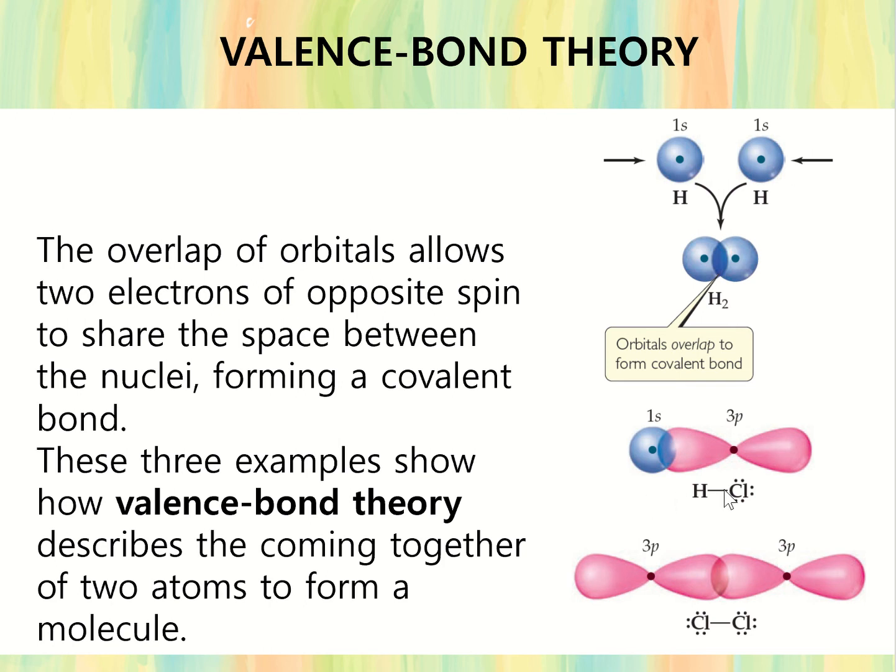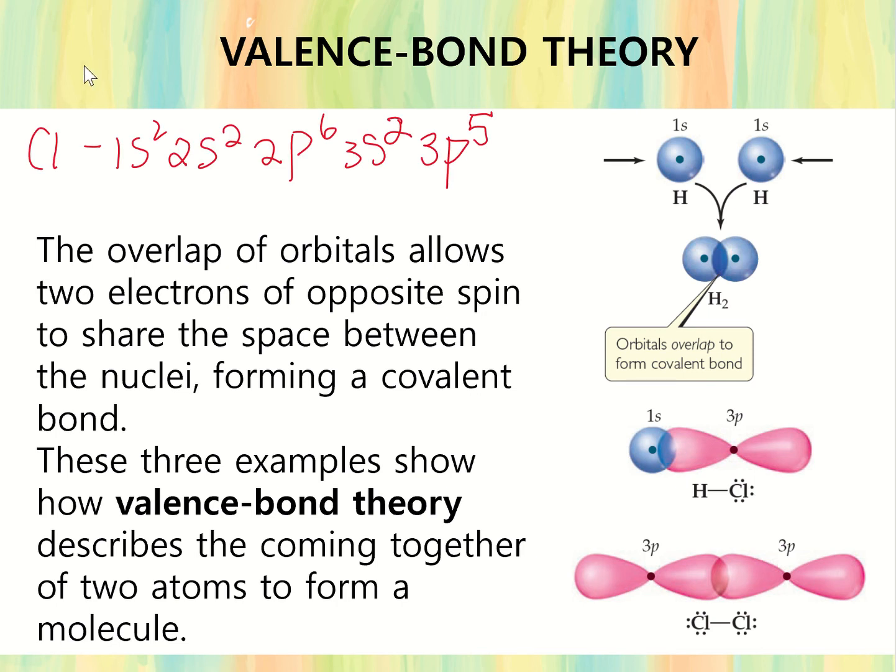All right, so the second molecule that we're looking at here is HCl. And I'm sure it will be helpful if you write out the electronic configuration for chlorine, right? So let's just do that. All right, so there we have it, right?